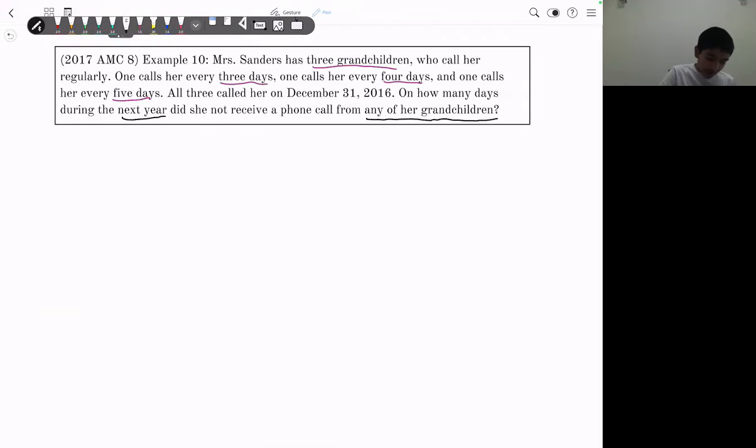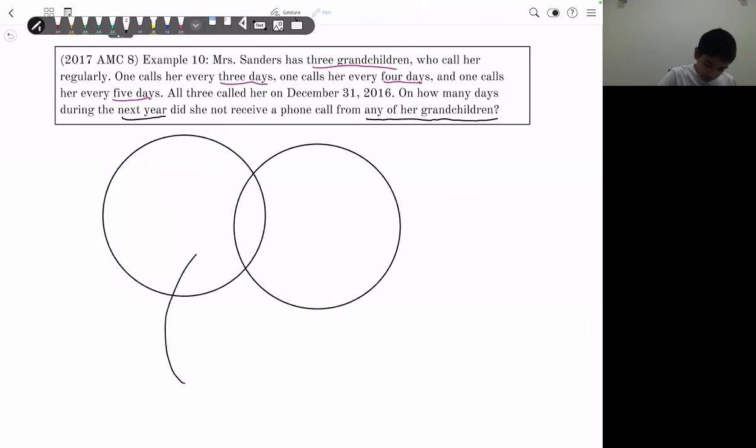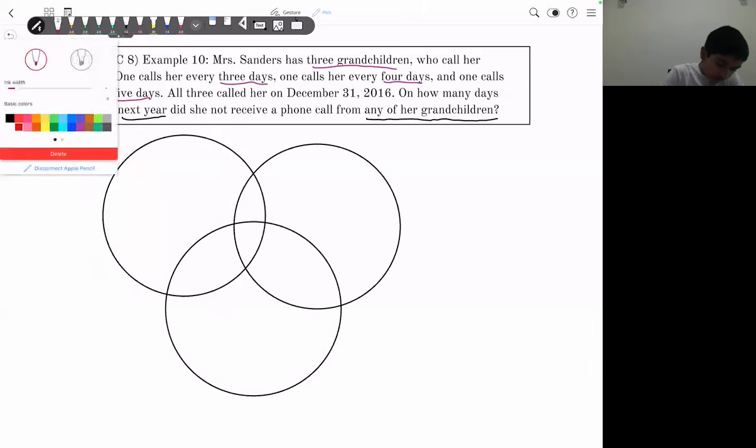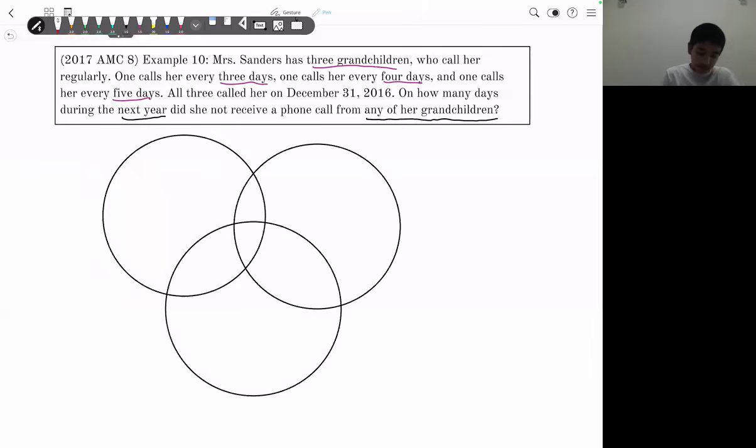So again, let's draw a Venn diagram to make it easy to understand. Let's call this circle the grandchild who called her every 3 days.